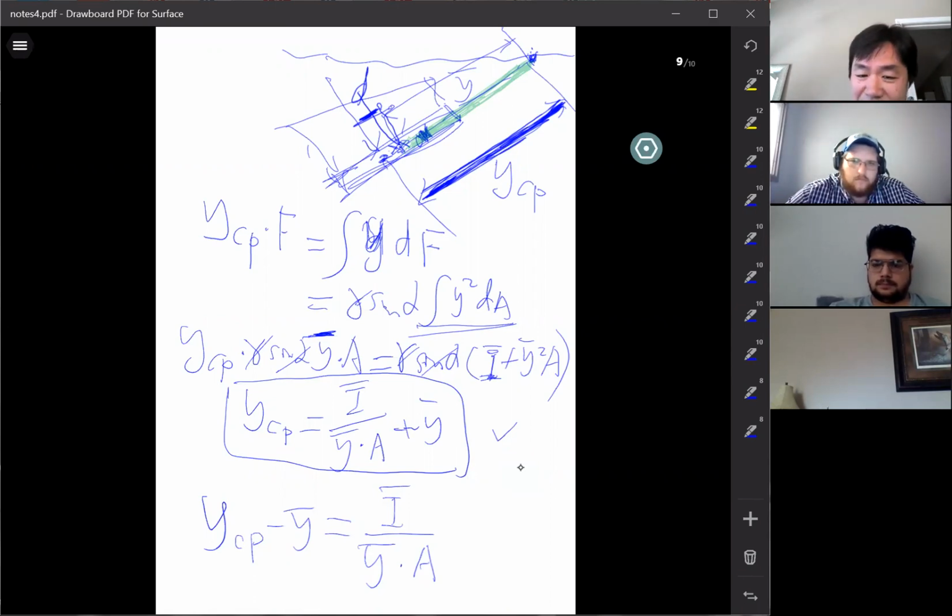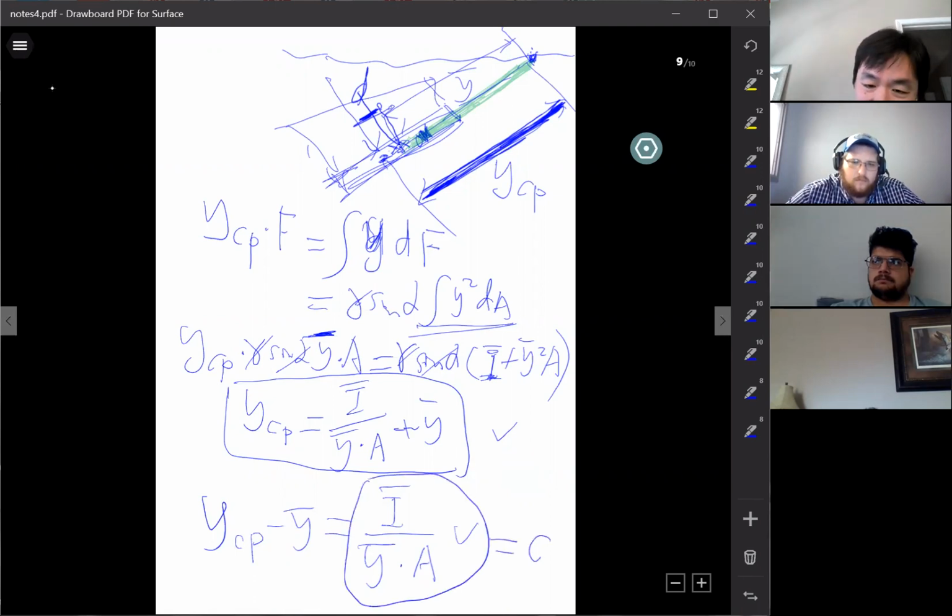So we can simplify the problem. We don't worry about the water surface anymore. We know the difference. So D, that's exactly what we want here in our case, right? So I can just use this to replace D. This is the D. I bar divided by Y bar times area.